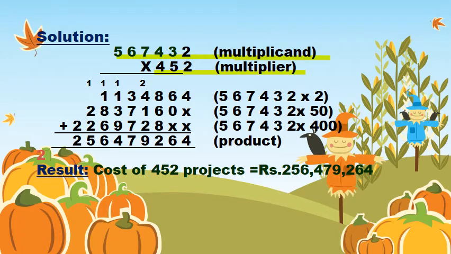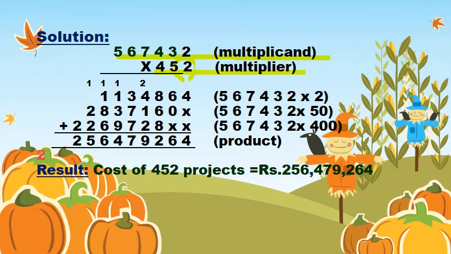First write the multiplicand and then write the multiplier. We always start multiplication with the units digit of the bottom number, the multiplier. Now multiply it by the last digit in the top number, write the answer below the line.